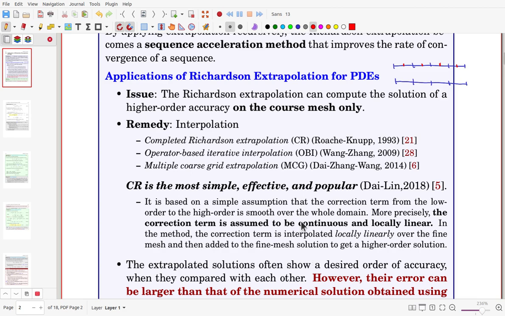In many cases, the simpler, the better. So you get a very simple, effective algorithm, but usually for a complicated problem, it is not so effective in most cases.